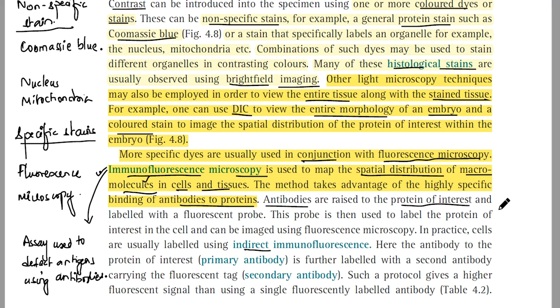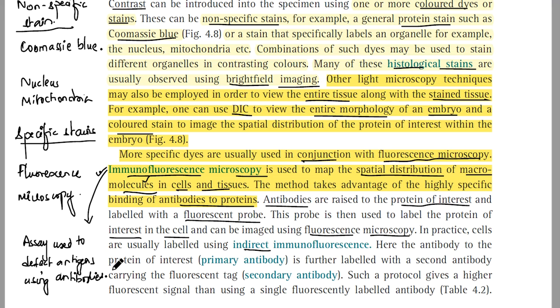These antibodies are labeled with a fluorescent probe, and this probe is used to label the protein of interest in the cell. If the protein of interest is present in the cell, then this antibody will bind to that protein and it will emit light. Once it emits light, it can be imaged using fluorescence microscopy.